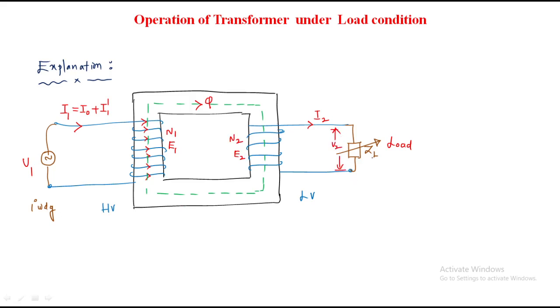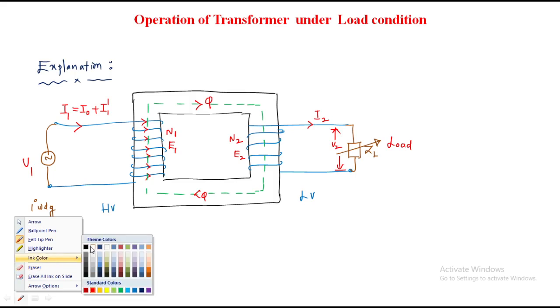When we are having a load, we are having V1, I1, V2, I2, E1, E2, N1, N2. Because of this supply voltage, by using the right hand thumb rule, we are having a flux. Clear? This is flux. Okay, then because of this I2, what is the sequence of operation?